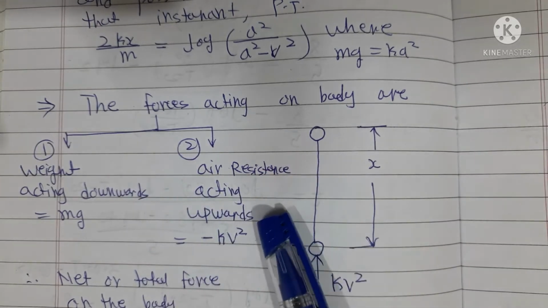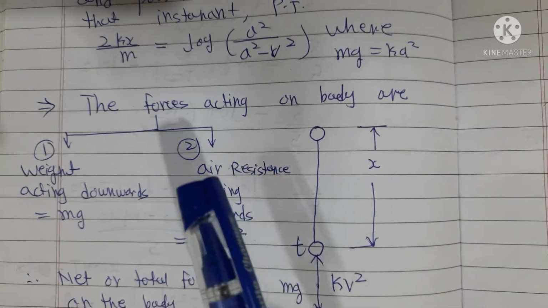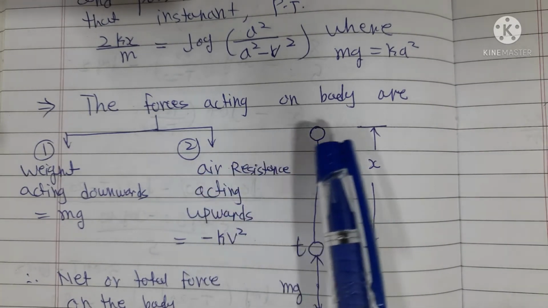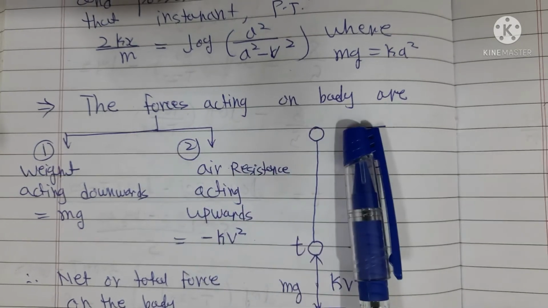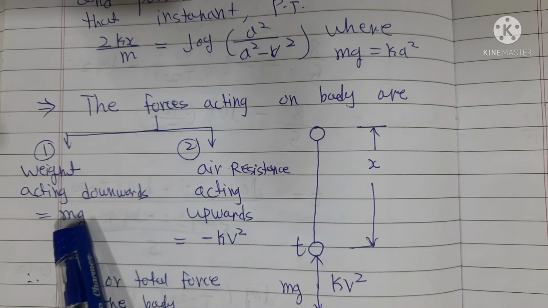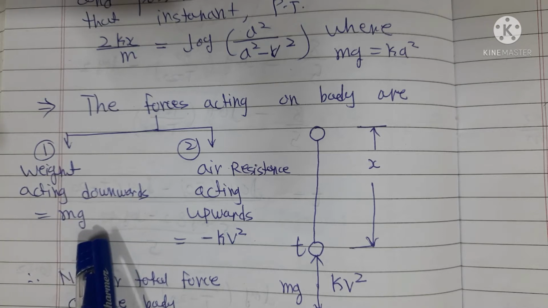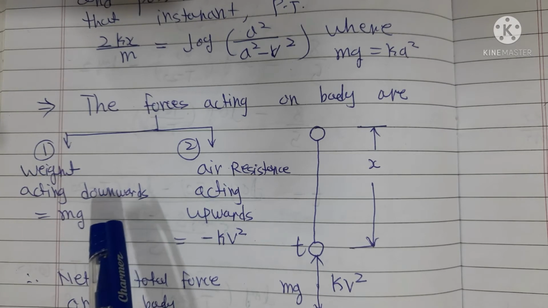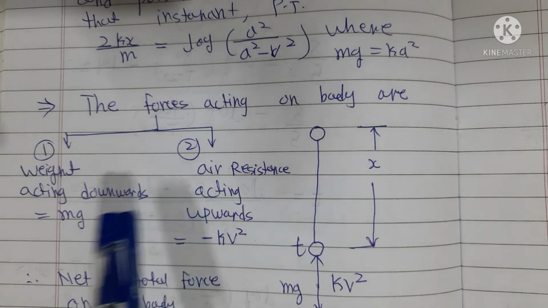Therefore when we are throwing a body into the air, there are two forces acting on the body. One is the weight of that body itself, acting downwards, that is mass into g, where small g is the acceleration due to gravity or the gravitational constant, which is generally considered as 9.8.